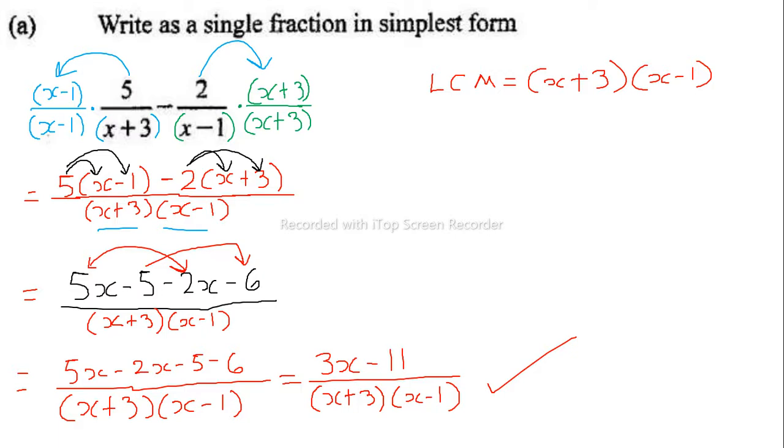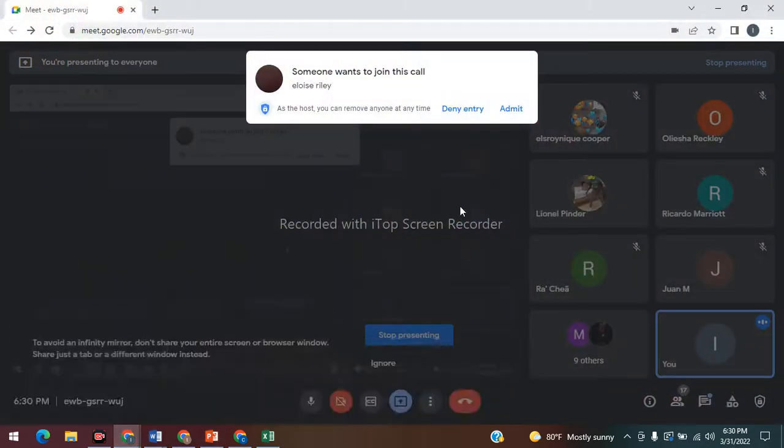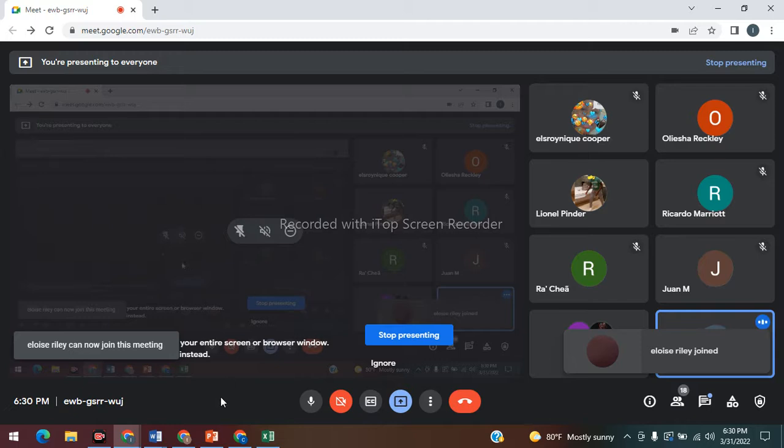I can move it now? Yes, sir. All right. Okay, so moving right along.